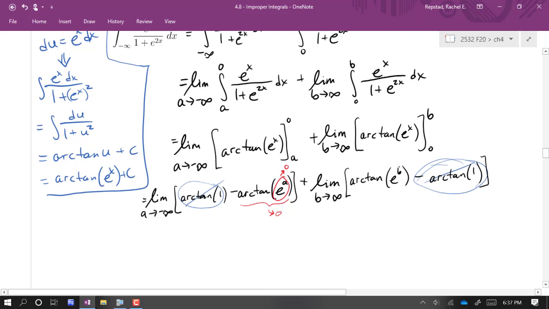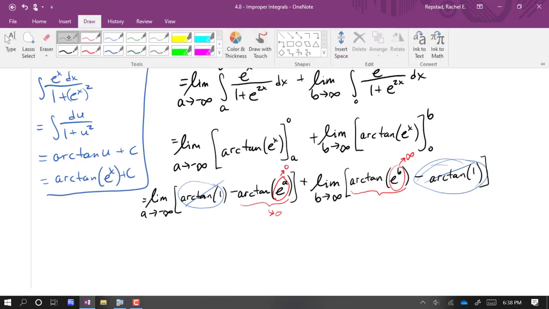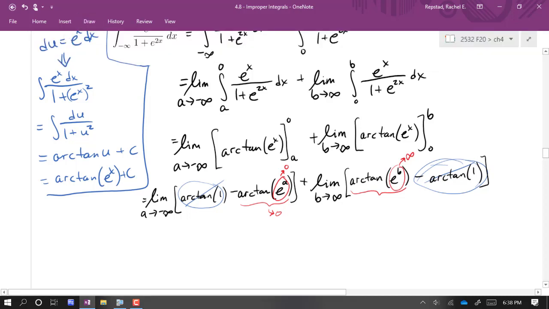As b approaches infinity, e to the b approaches infinity, right? That's exponential growth. And arctan of an argument that's approaching infinity, we're going to have to think about that a little bit, because arctan does not blow up as the argument blows up.